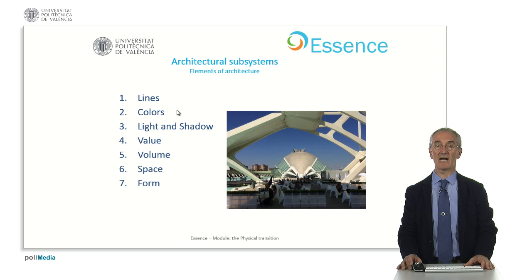Lines and colors are interactive for providing, like is the case here in the City of Arts and Sciences, a nice environment which is shaping how we see and feel within the building. Light and shadow is not only a nice approach, but also a functional one, because we need light for working, and we should introduce the value of the work we are performing at these buildings by rightly selecting the shapes and elements in the building.